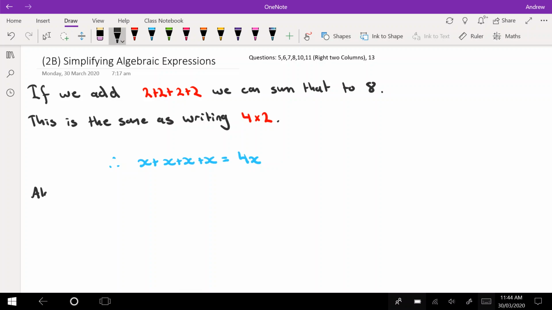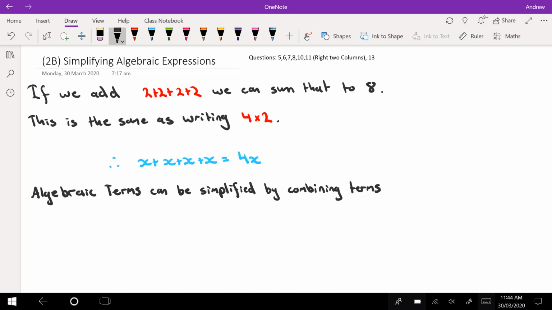Algebraic terms can be simplified by combining terms with addition and subtraction.